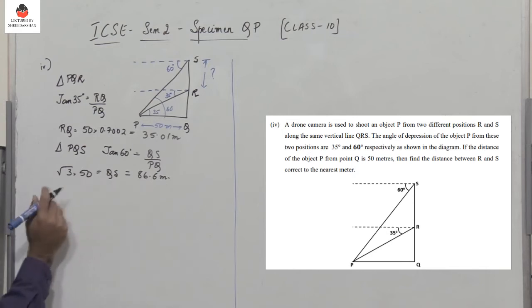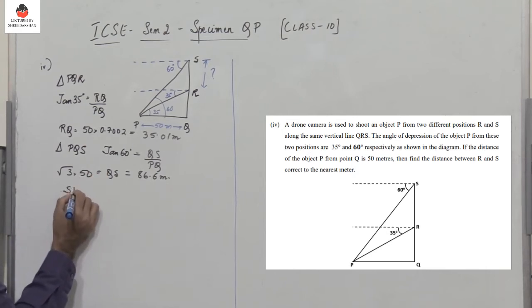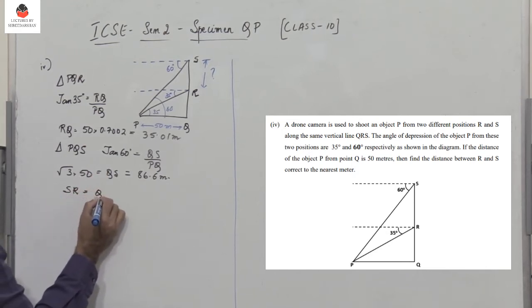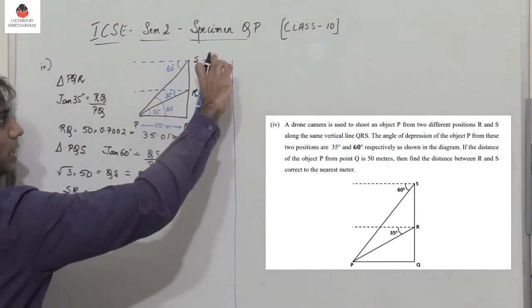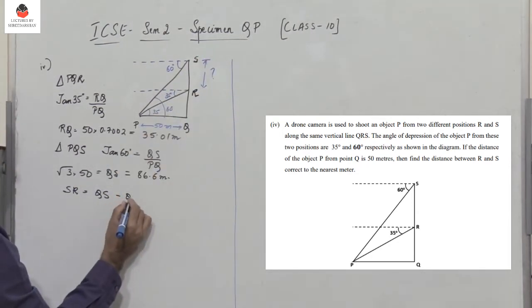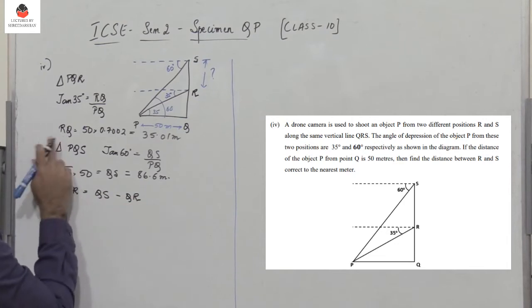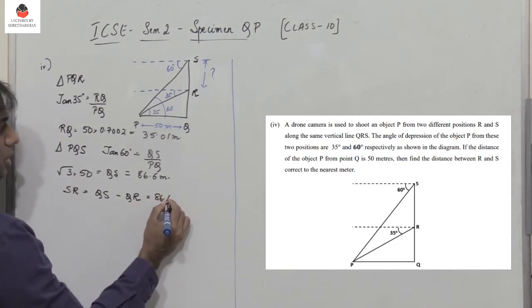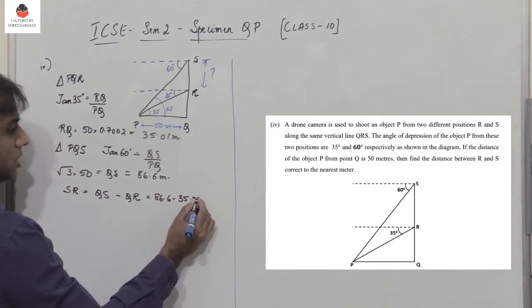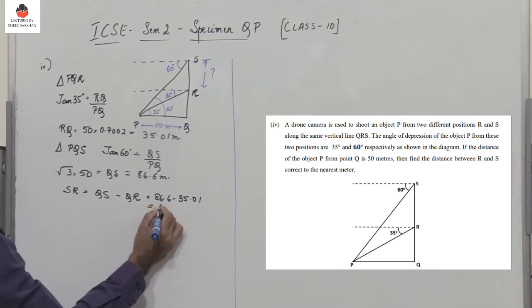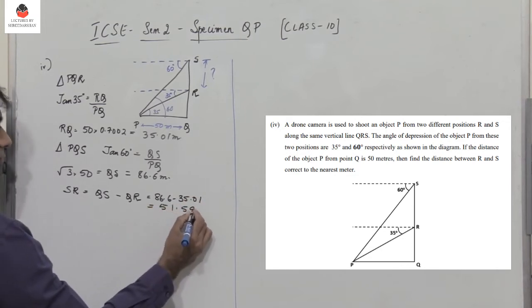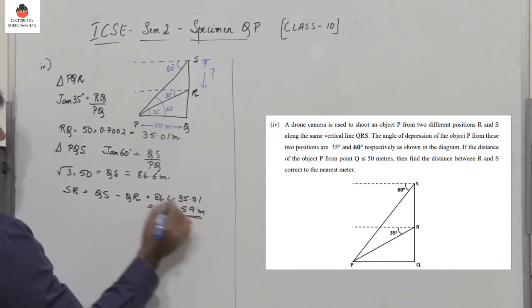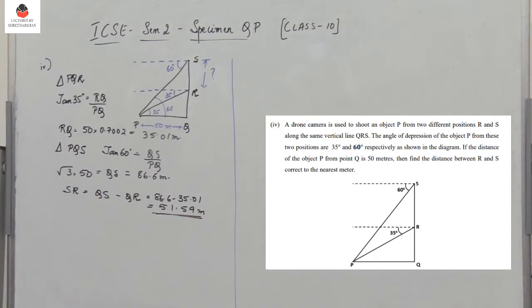So make sure that you do the calculations correctly. Now what is SR? SR is this distance QS minus QR, which is 86.6 minus 35.01, which gives us 51.59 meters approximately, right? A very simple question.